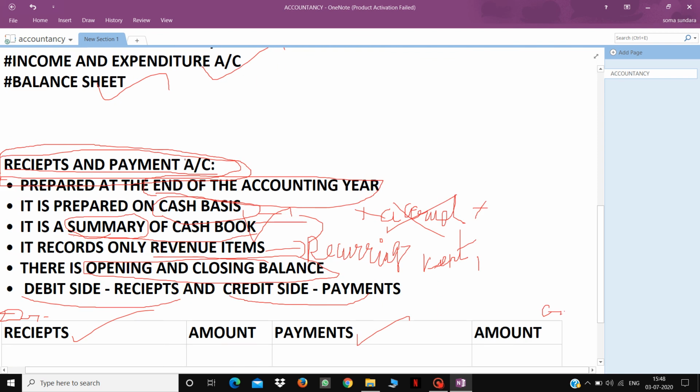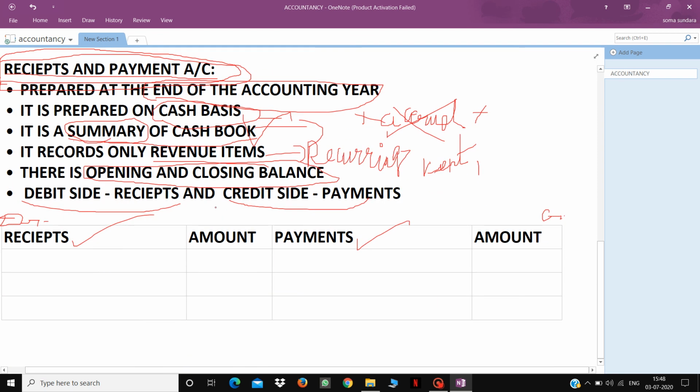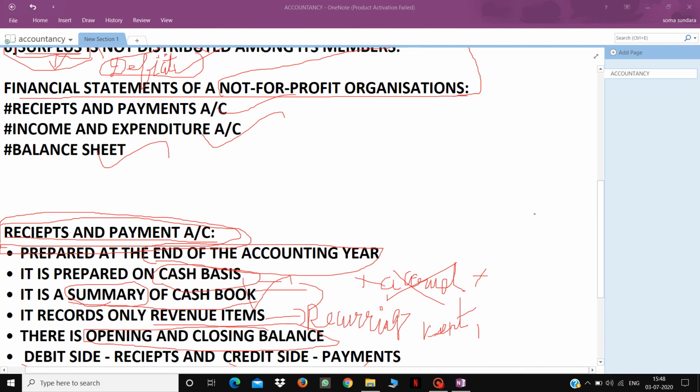Then in detail we have seen about receipts and payments account, and we have seen a small model in tabular form. In my next video, probably we'll be moving on to solving sums regarding receipts and payments account, and we'll be seeing what is income and expenditure account in detail.